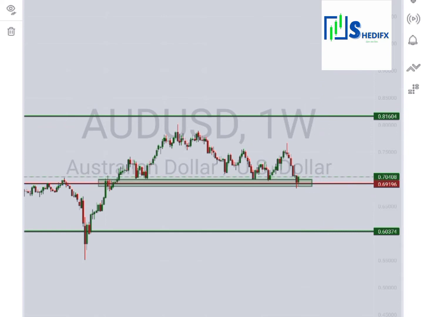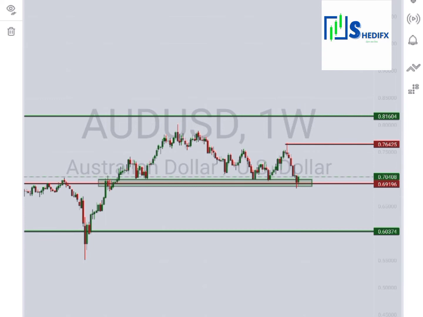All right, so we have that support right there on the weekly time frame. So as you can see, I'm anticipating the move to the upside. So I will have my first target on the weekly time frame to be at this area here.